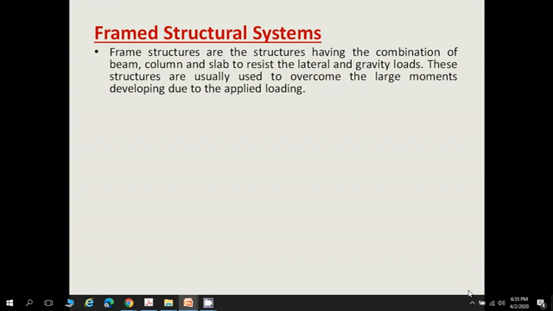So what are the components of framed structural systems? Frames are generally used in buildings, and these types of structures are composed of beams and columns, and they are either pinned or fixed connected, like truss structures.